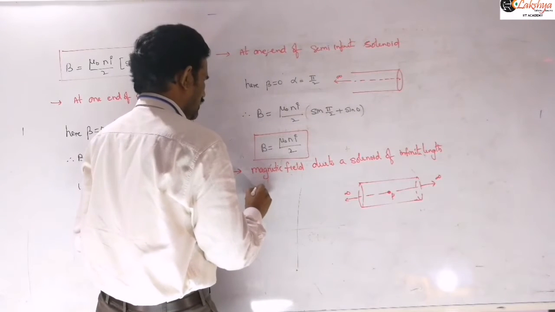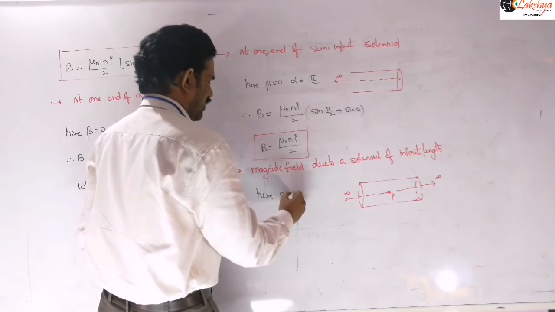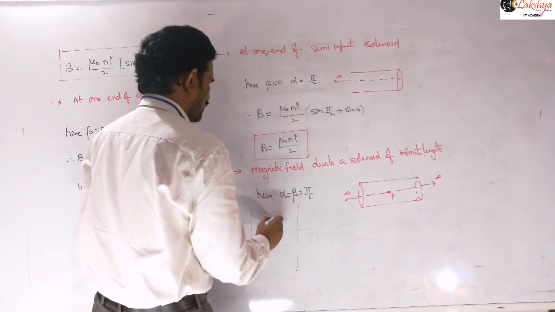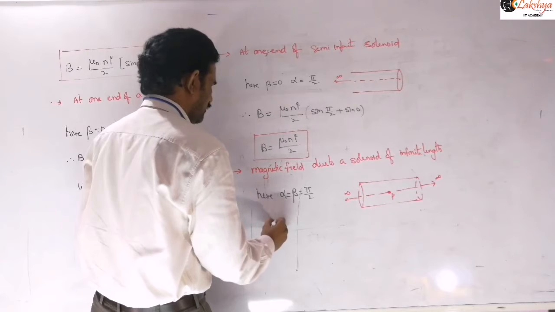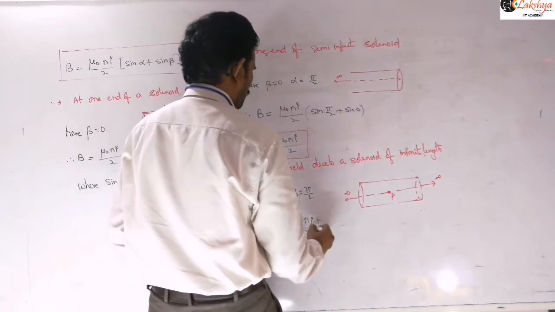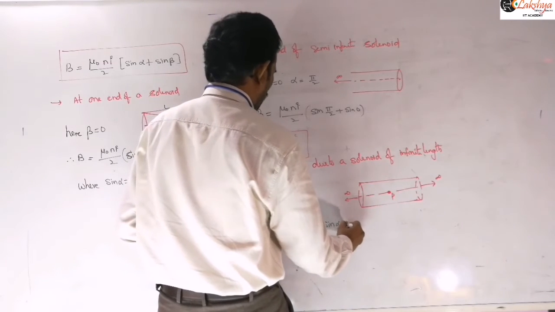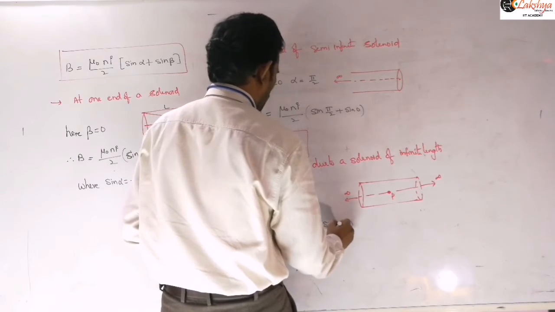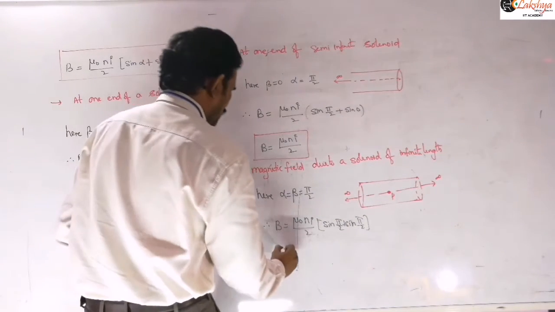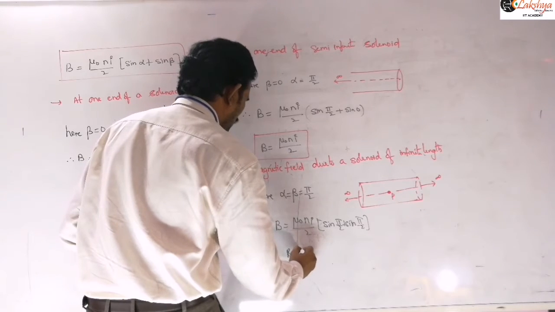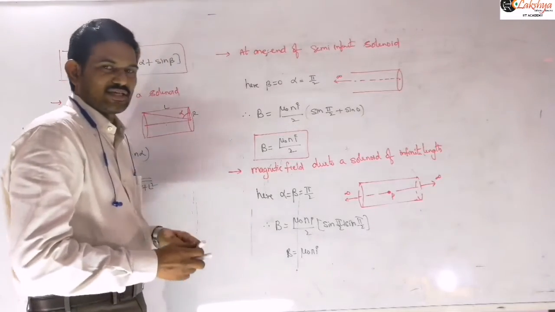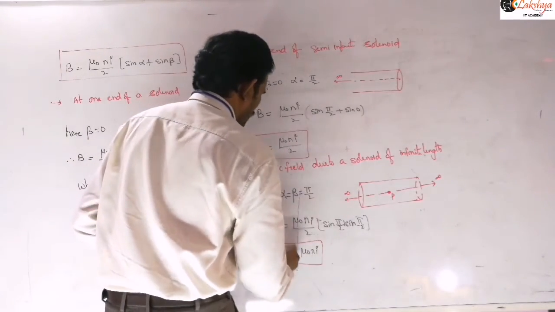So here alpha is equal to beta is equal to pi by 2, and therefore the B value you can write as mu naught Ni by 2 into sin pi by 2 plus sin pi by 2, right? And therefore the magnetic field due to the solenoid of infinite length is mu naught Ni. The two will be cancelled. So this is the expression, and you need to remember it.